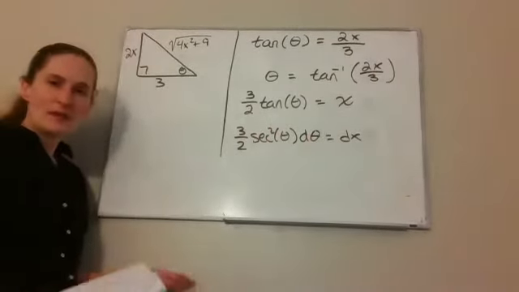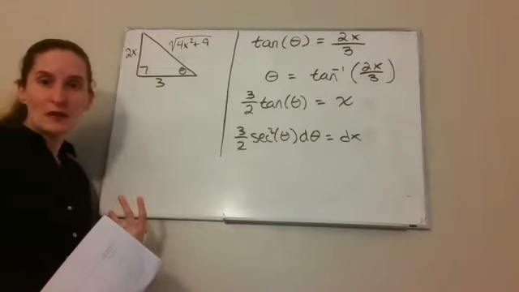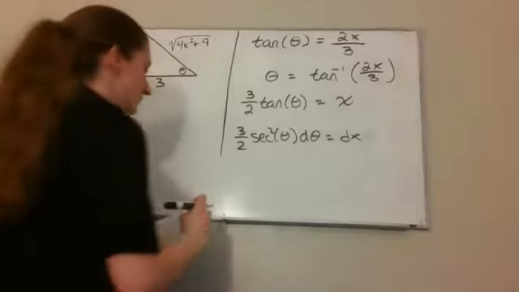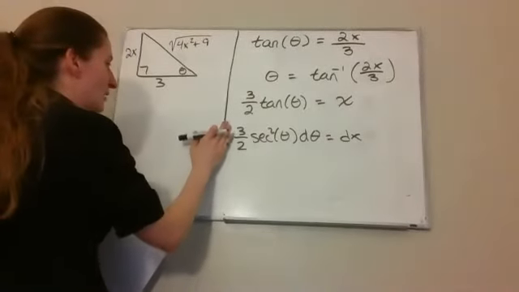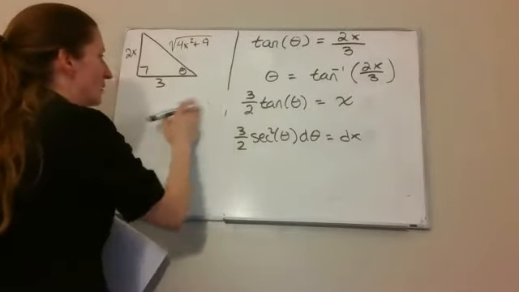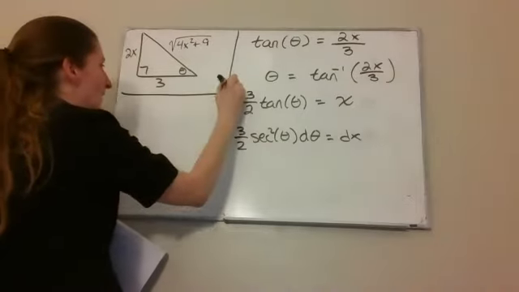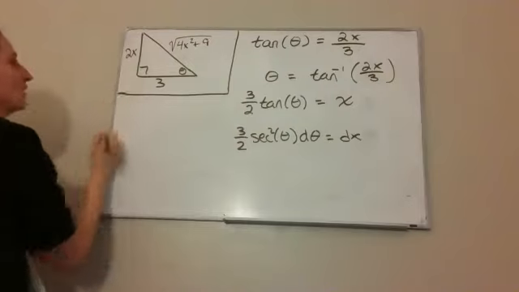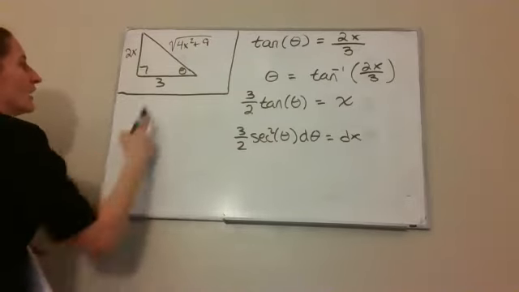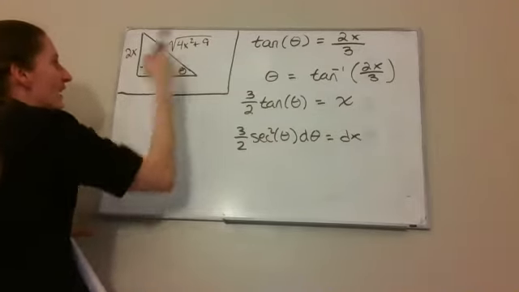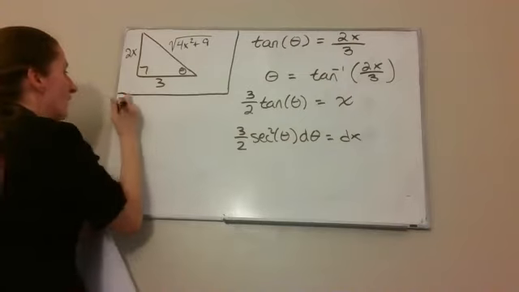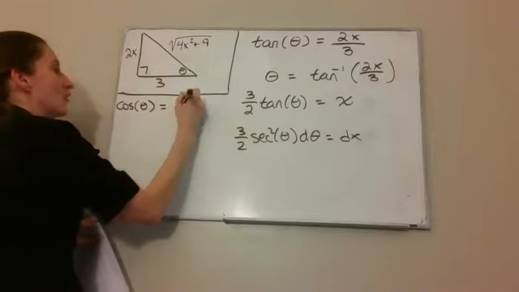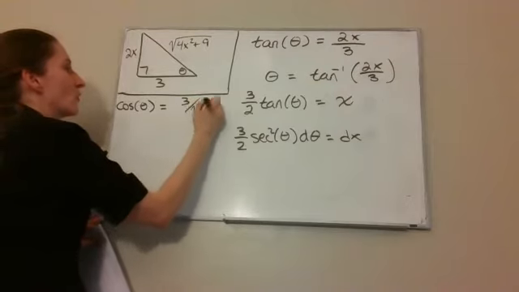And now we're almost set, but we need to find what that square root is as well, because we want to replace that in our integral. What is the square root equal to? And here, let me just put that over here. I'm going to try to save some space, so maybe we can put the integral at the bottom. Using this adjacent side and the hypotenuse, I get that cosine of theta is equal to 3 over the square root.